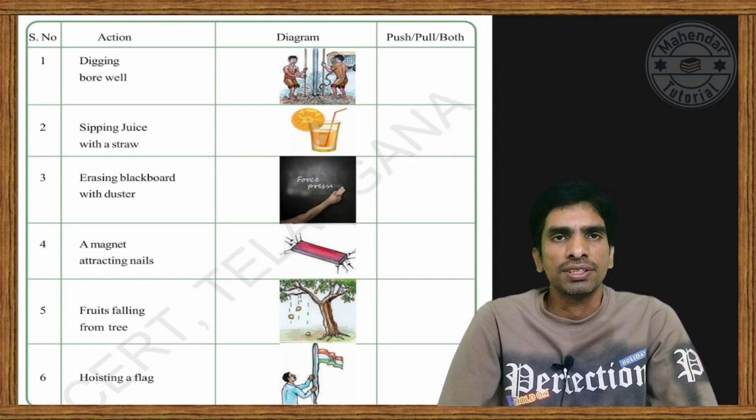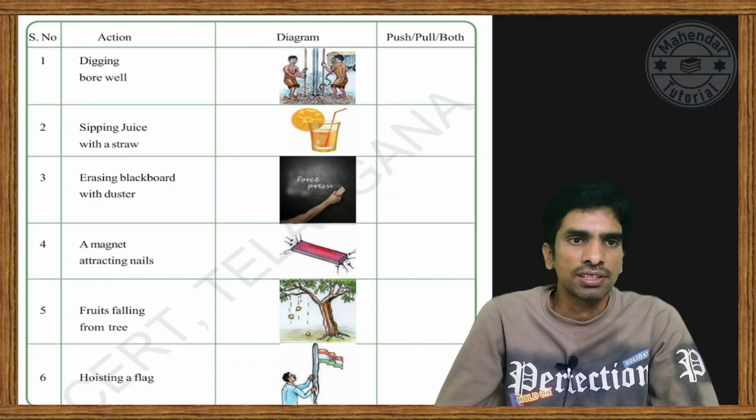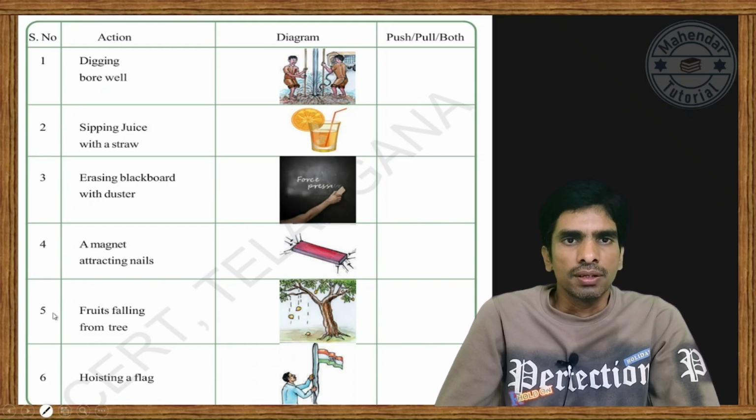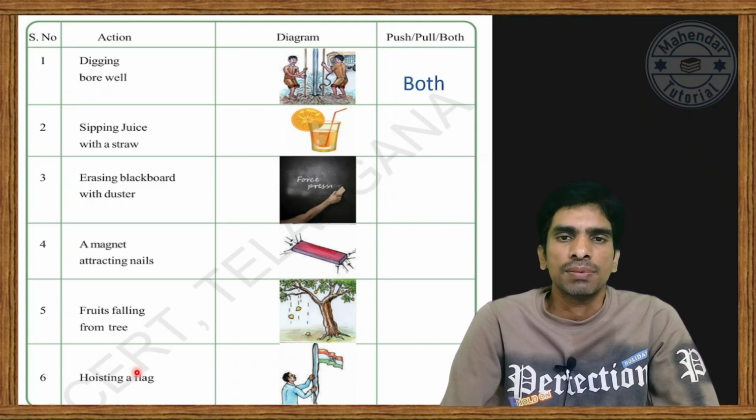Here are some activities. We have to identify which is push or pull or both. Here some actions are there. Digging a borewell, here they have to push and pull, so in this case we have to write both. Next one is sipping the juice with a straw. Here all we need to do is sip, so that is pull.